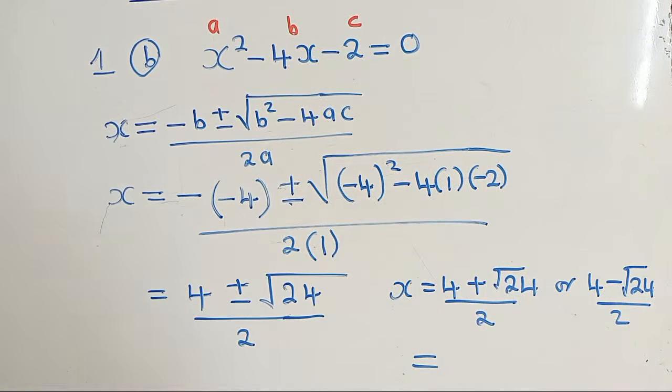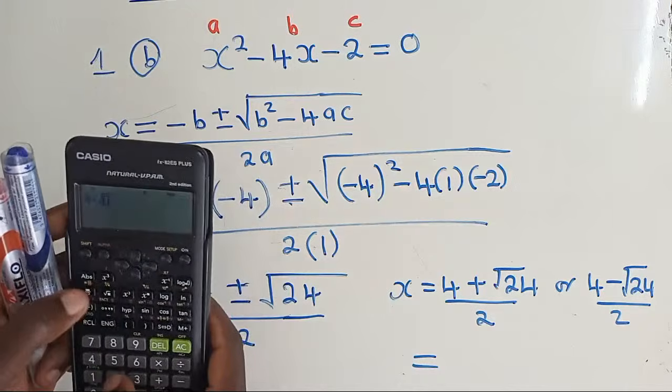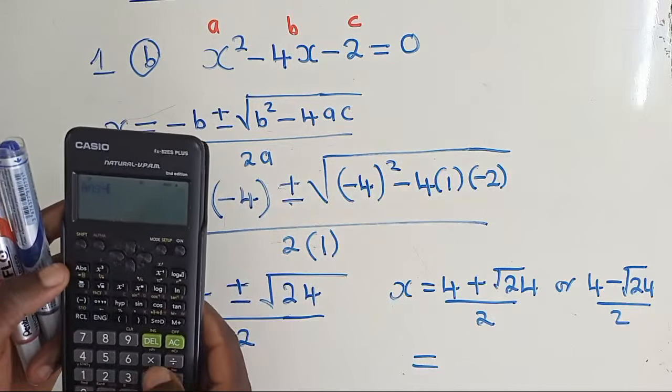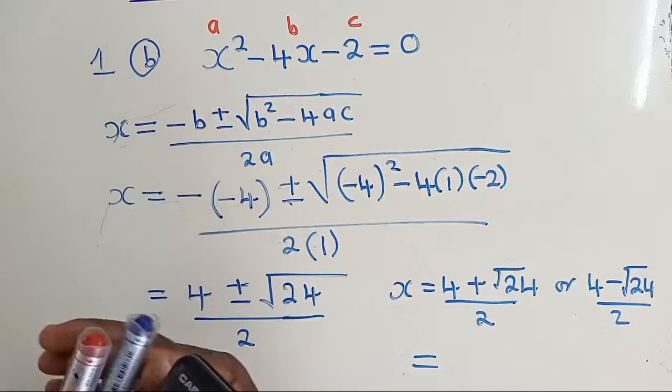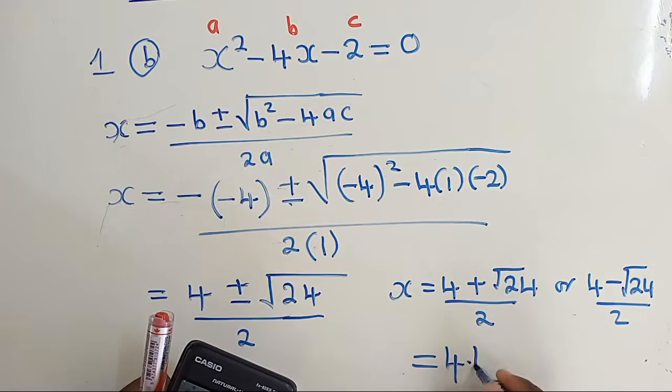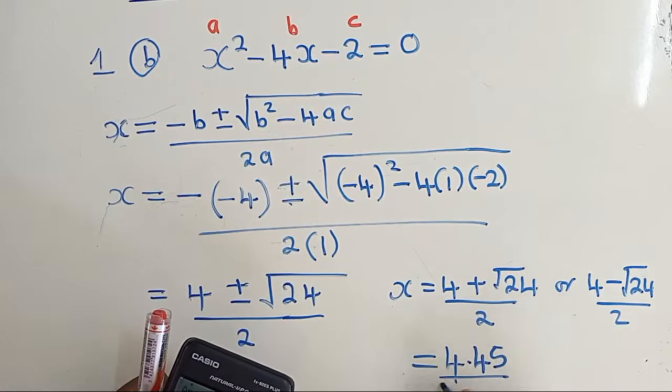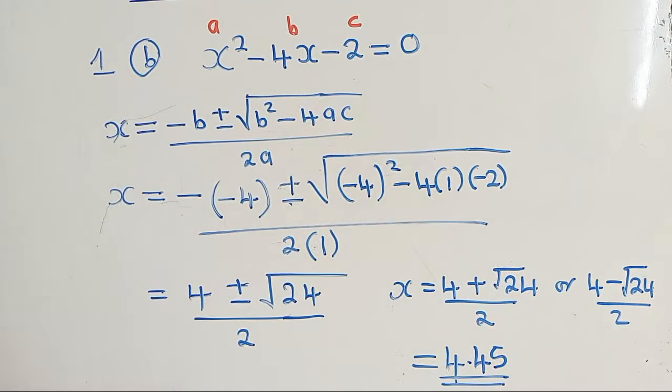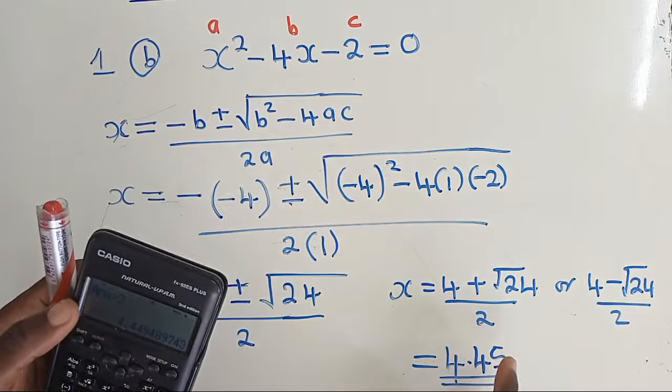When you punch in 4 plus root of 24, divide by 2, your answer will be 4.45. This is one of the solutions. Remember, you've been told to put it in 2 decimal places.